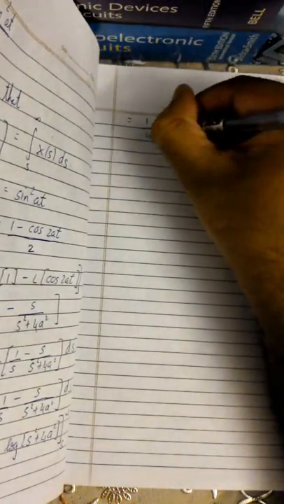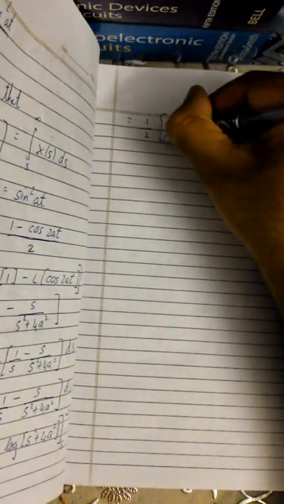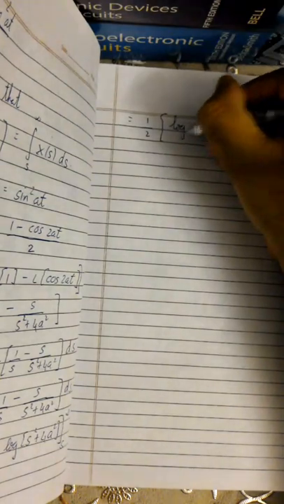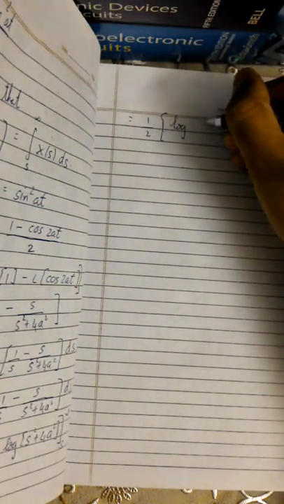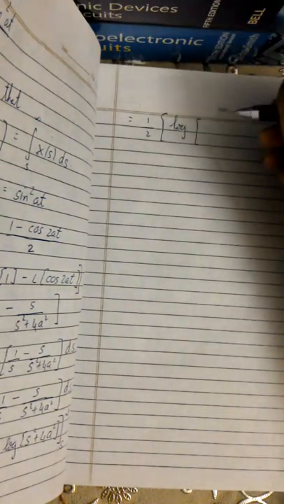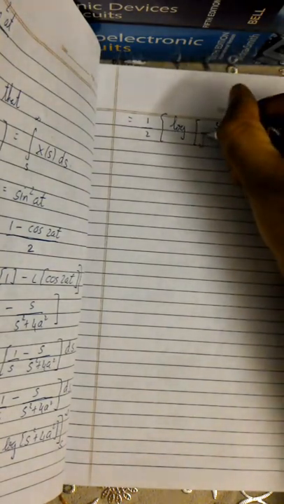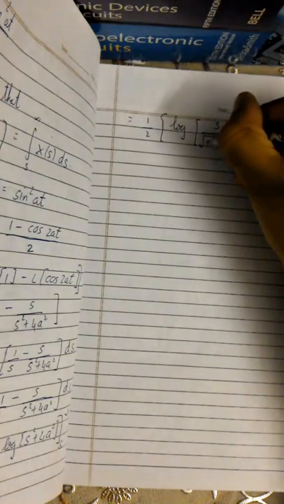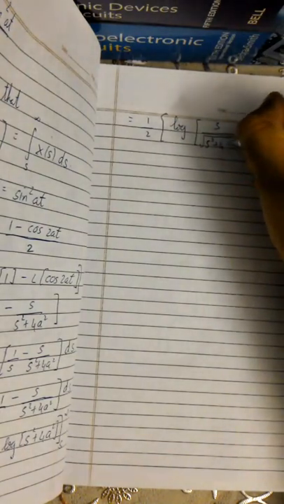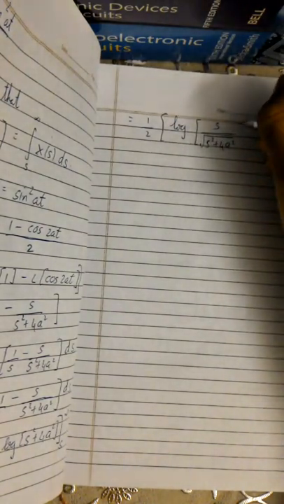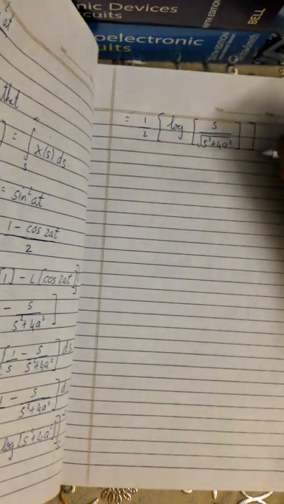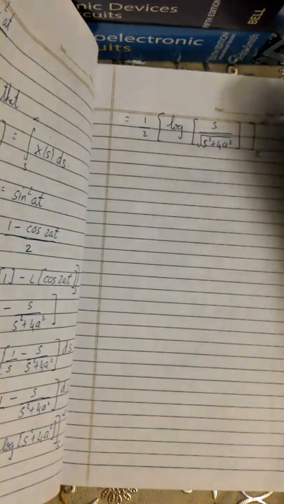So you will get 1/2 into log of, combining these two, s divided by the root of s² + 4a², from s to infinity.